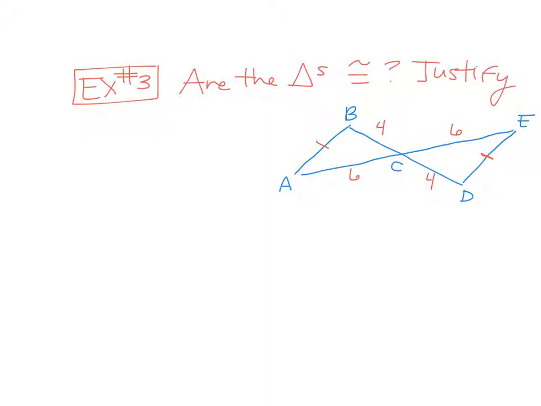These two are marked congruent. Angle A is marked congruent to angle E, and angle B is marked congruent to angle D. Okay, so the question is, are the triangles congruent?